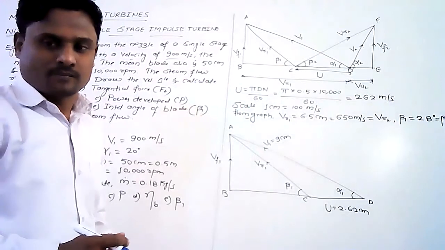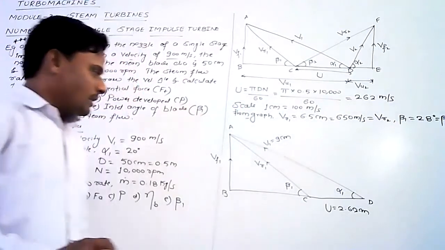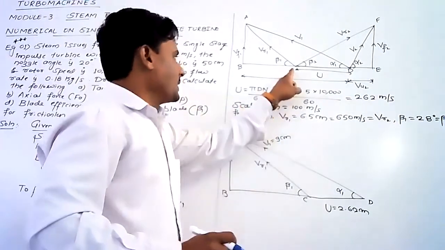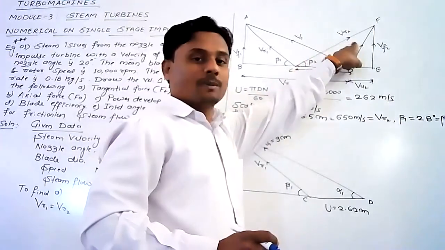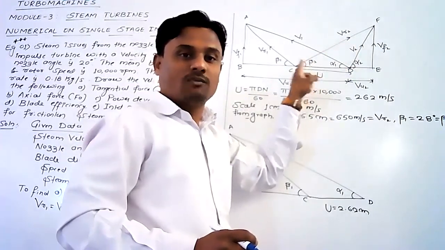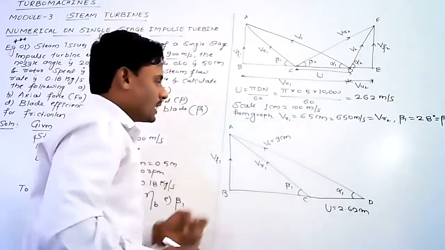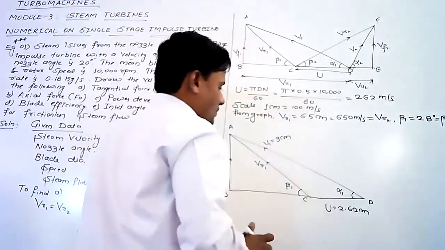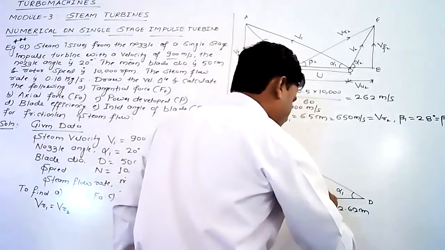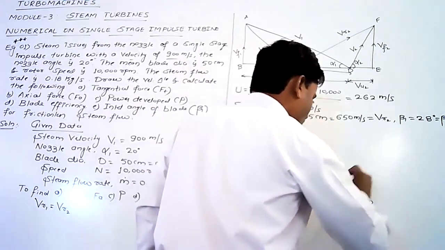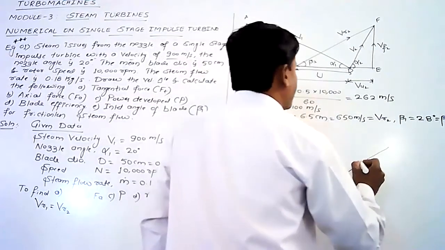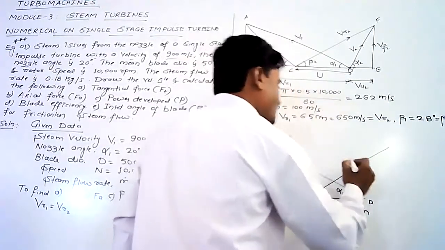Now from point C, VR2 is emerging at an angle of beta 2, that is 28 degrees. VR1 and VR2 are both the same, so VR2 is also equal to 6.5 centimeters.